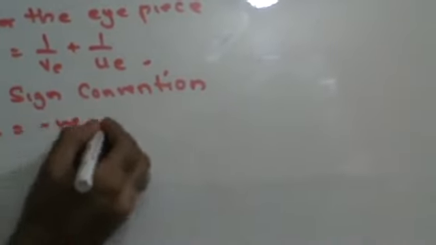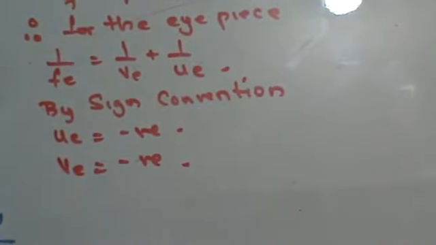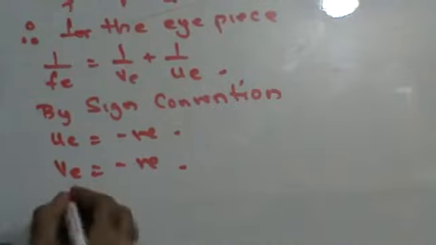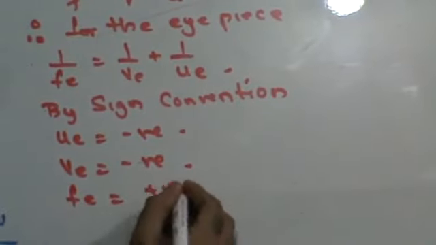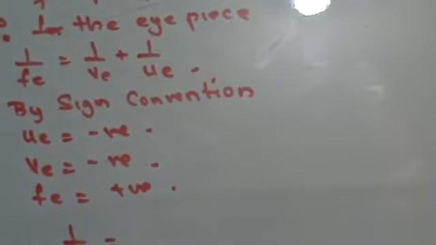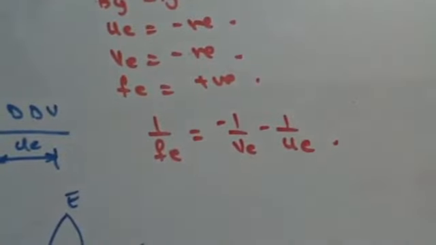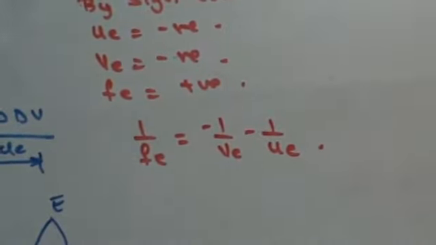UE is negative because it's to the left of the eyepiece. VE is negative because the image is also to the left of the eyepiece, and FE, the focal length of the eyepiece, is always positive. So applying the sign convention, 1 upon FE is nothing but minus 1 upon VE minus 1 upon UE. Do we get this thing clear?